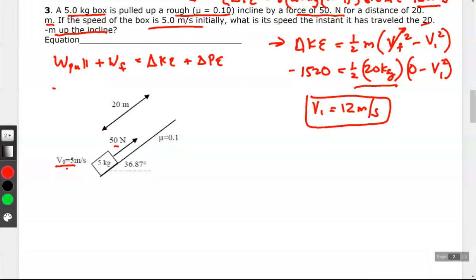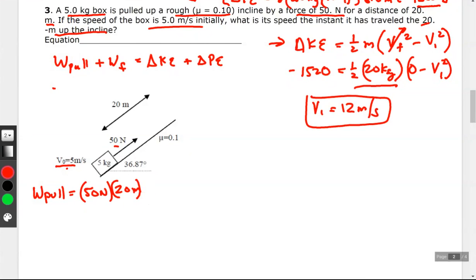So I'm going to do a lot of this work off this problem because it's just too much to put in. I'll put the results in later. What's the F? The F pull is pretty easy to get. So the work of the pulling force, well, it's a 50 Newton applied force, and it's applied for 20 meters.